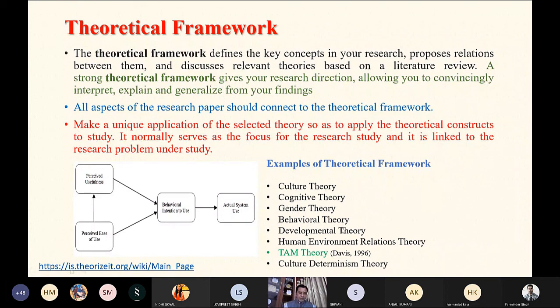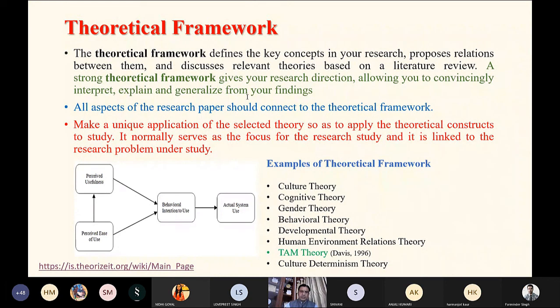There is one website from where you can identify all the theories that we can have. Just a minute. This is the website.